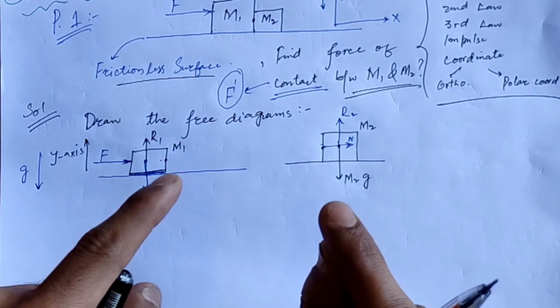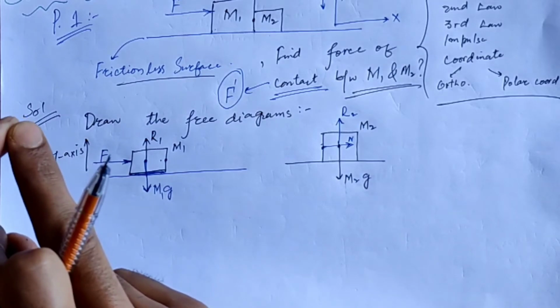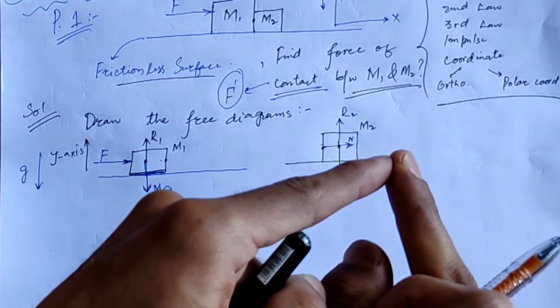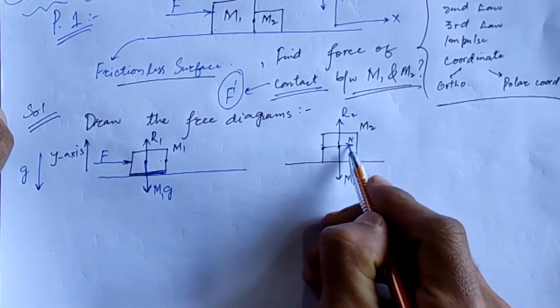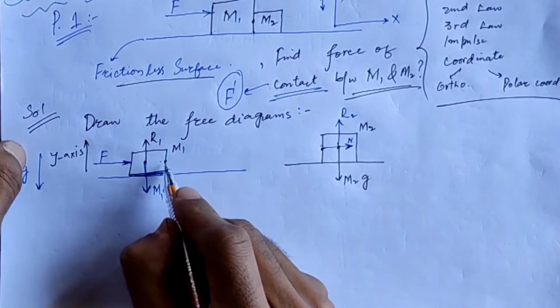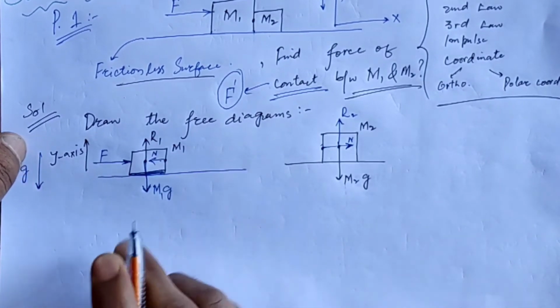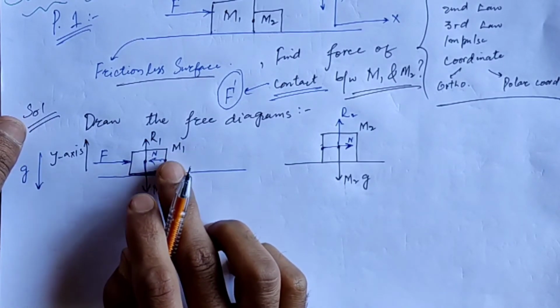If m1 exerts more force on m2, then m2 will be set in motion in this direction. So there will always be this contact force, and from the third law of motion, there will be an equal and opposite normal reaction acting on m1 also.